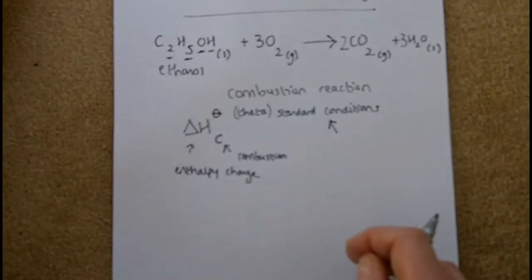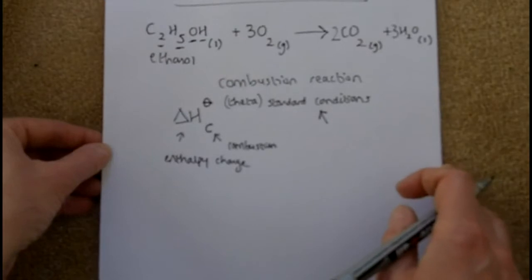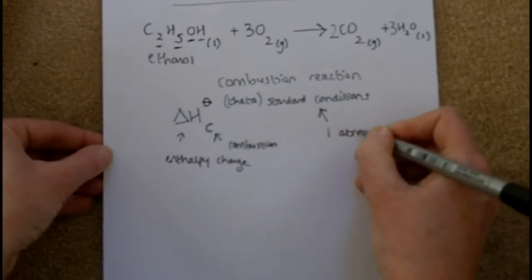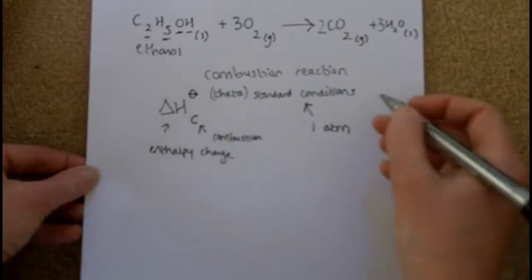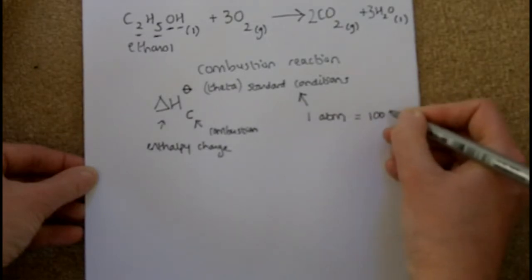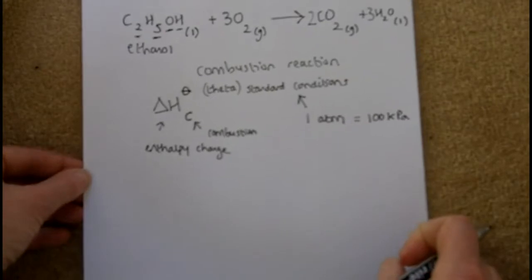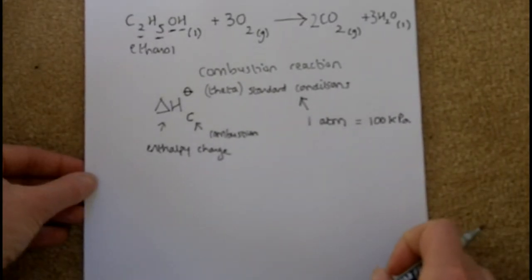Standard conditions means that you're doing your experiment where the pressure in the room is 1 atmosphere, or it can be written in kilopascals, which is 100 thousand pascals. That's standard conditions.